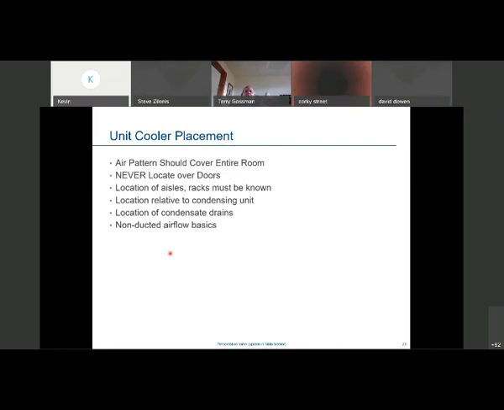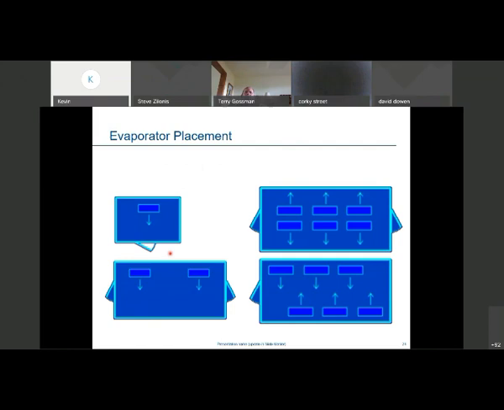It keeps your charge smaller and it makes it run better. How are you going to locate condensate drains? If you've got a condensate drain coming out of a walk-in box in the middle of a room, where are you going to take that to? And we're going to look at some other basics too.